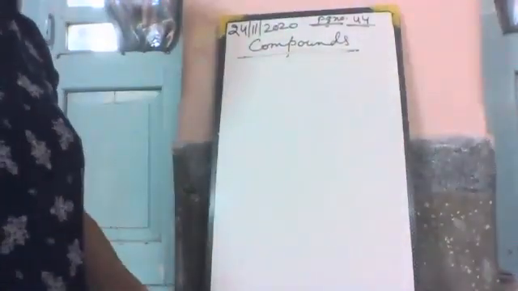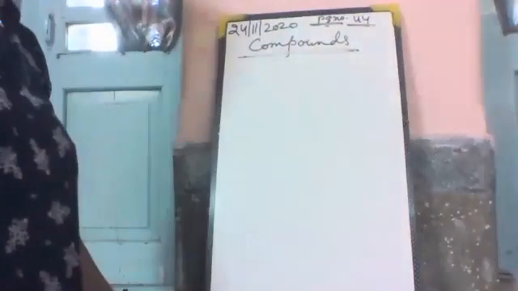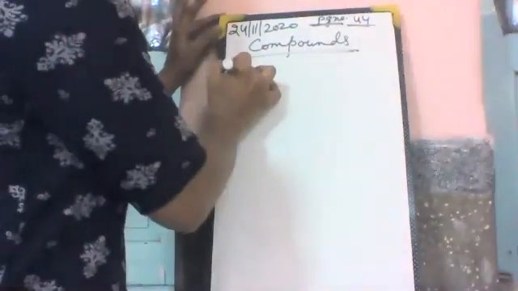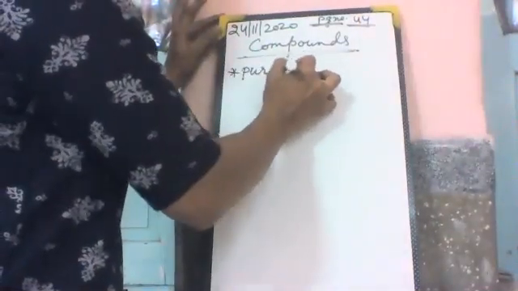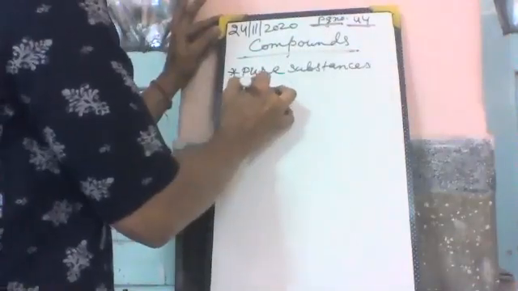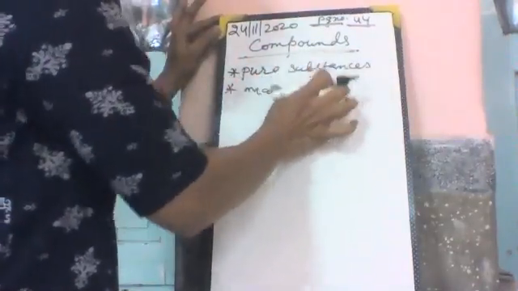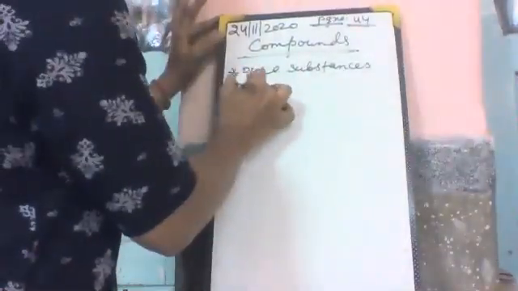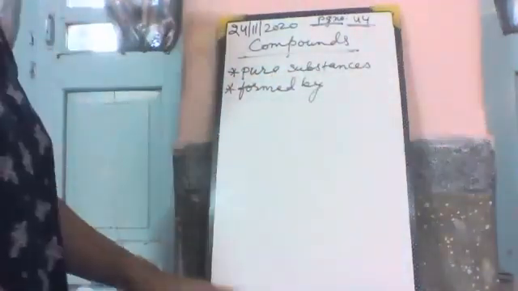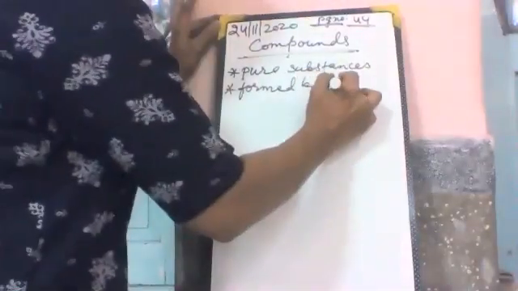Compounds are pure substances which are formed by the combination of two or more elements. What are the compounds? Compounds are pure substances formed by two or more elements.